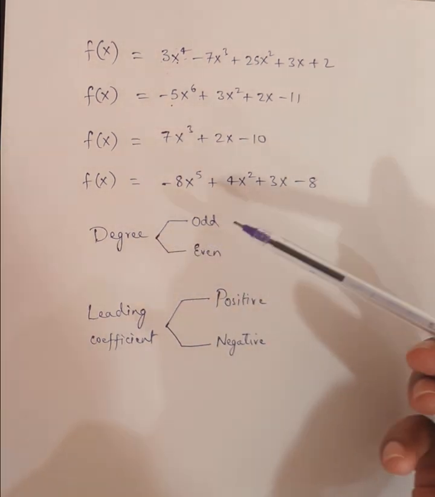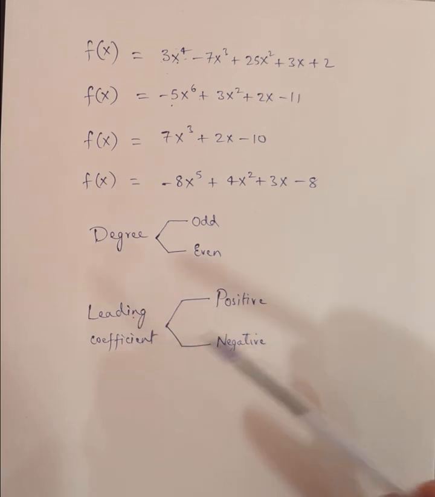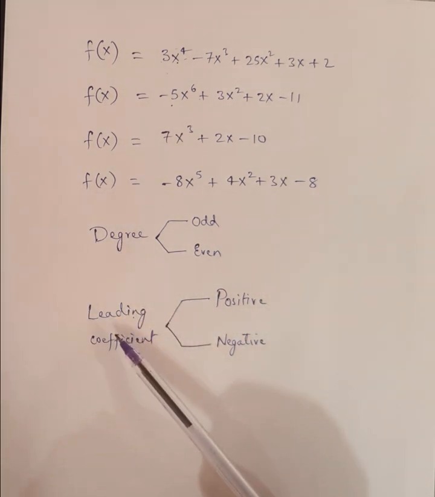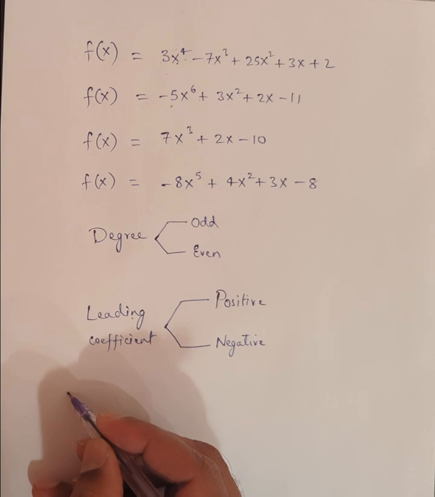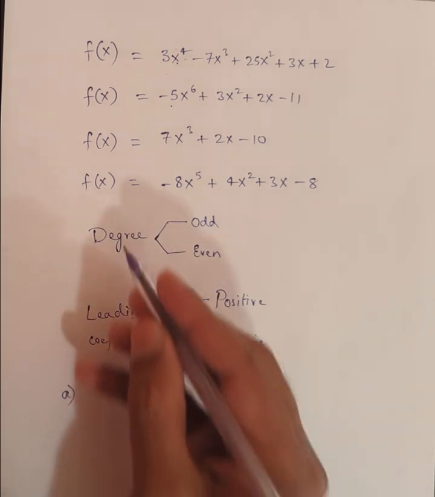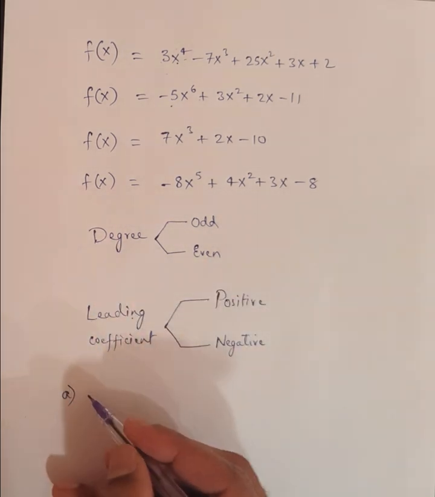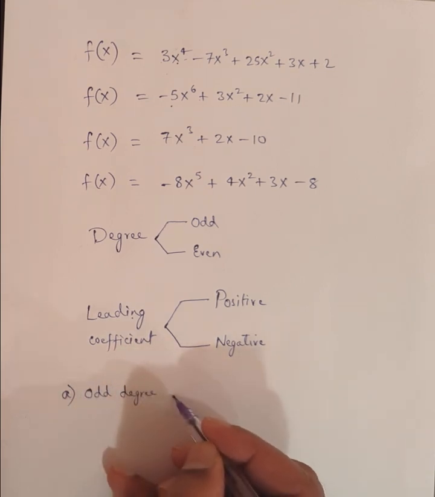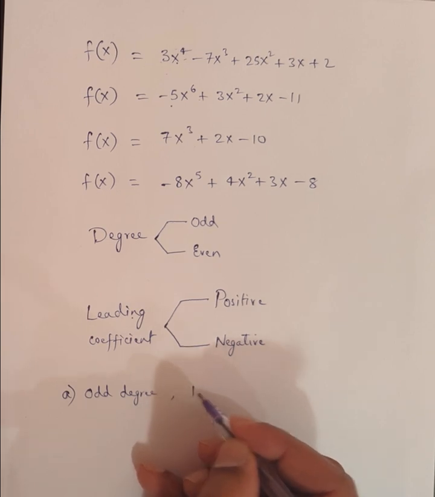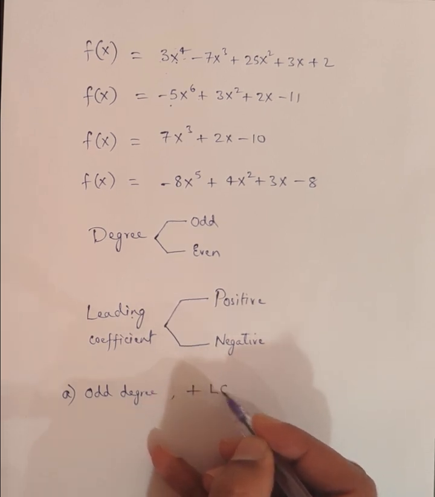So degree could be odd or even. Leading coefficient could be positive or negative. These two characteristics, degree and leading coefficient, will classify all polynomials into 4 categories. Category A, you could have odd degree and positive leading coefficient, positive LC.